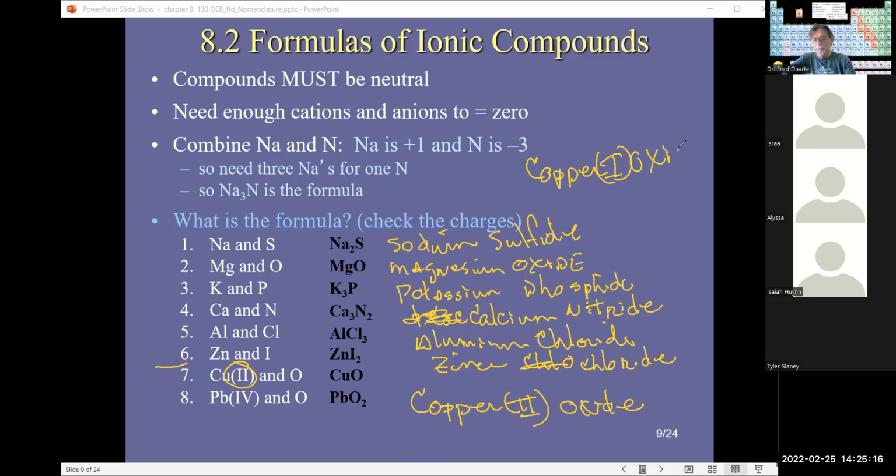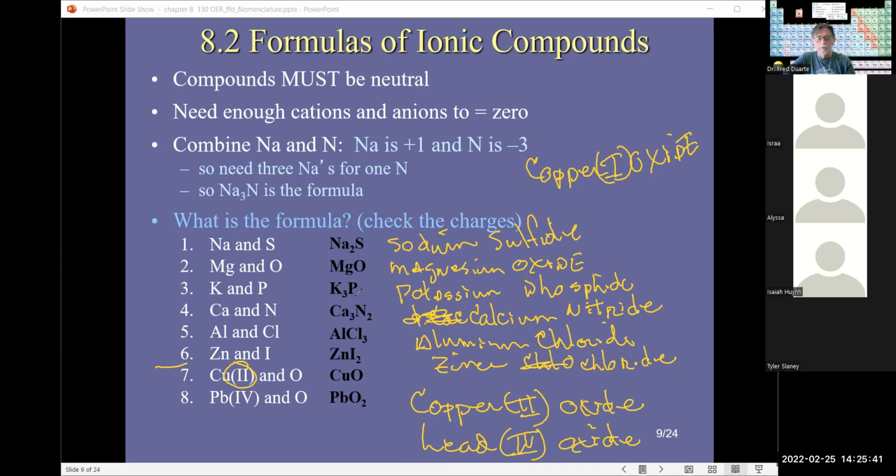It's a totally different compound, with a different oxidation state for that copper. And then the last one would be lead(IV) oxide. So don't forget the Roman numerals for the variable oxidation number elements or metals.